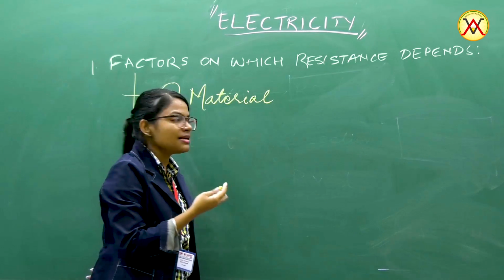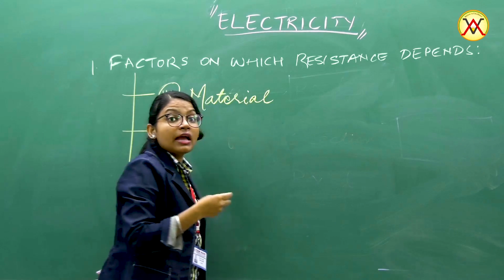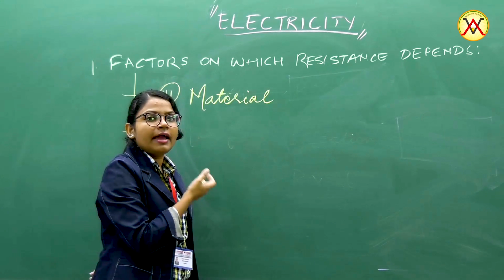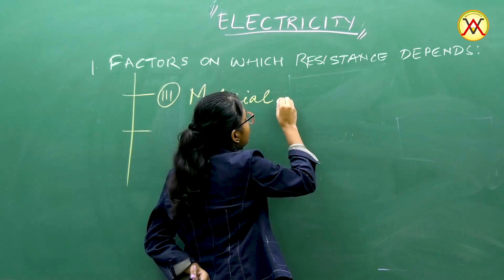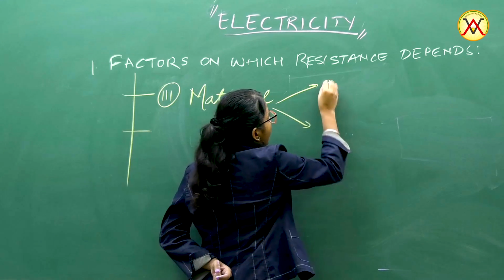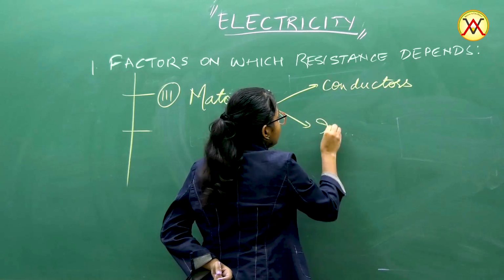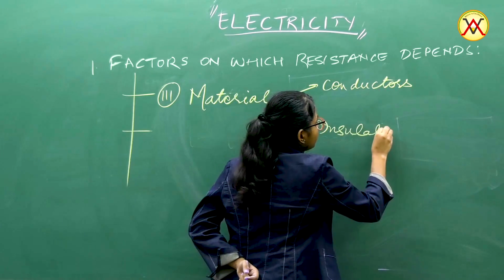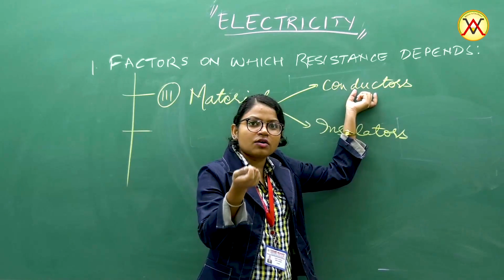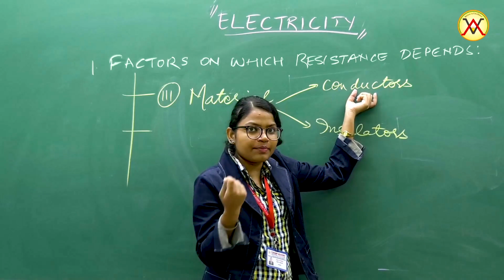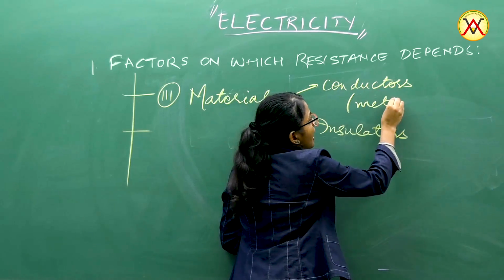Okay, third point is the material. Now, how does resistance differ as per our material? According to the amount of current that any material allows to pass through it. Our materials are broadly classified as conductors and insulators. Conductors are any metal plate or copper wire through which current can be easily flown. Our metals are our conductors.